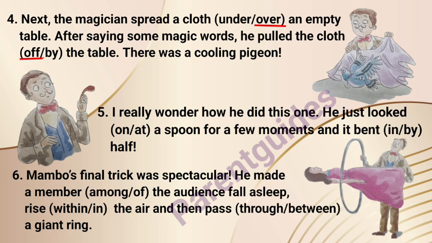There was a cooing pigeon. 5. I really wonder how he did this one. He just looked at a spoon for a few moments and it bent in half. 6. Mambo's final trick was spectacular. He made a member of the audience fall asleep, rise in the air, and then pass through a giant ring.